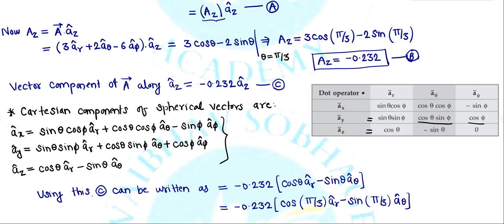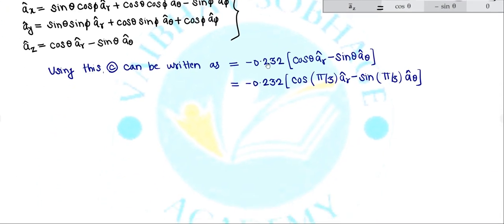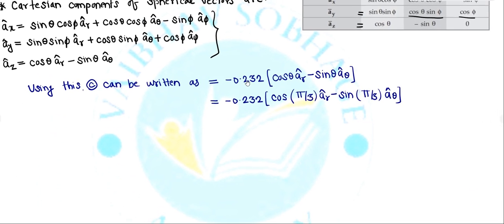If we simplify that, you will find the answer to be like this. So ultimately, the final answer will be minus 0.116 AR plus 0.201 A theta.